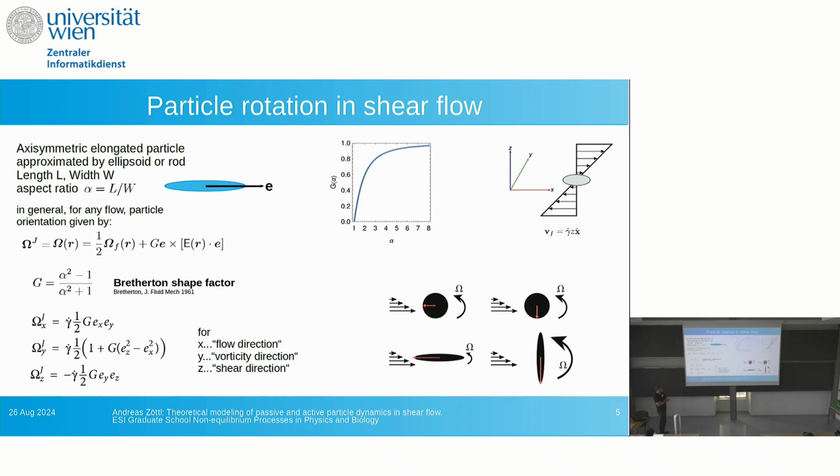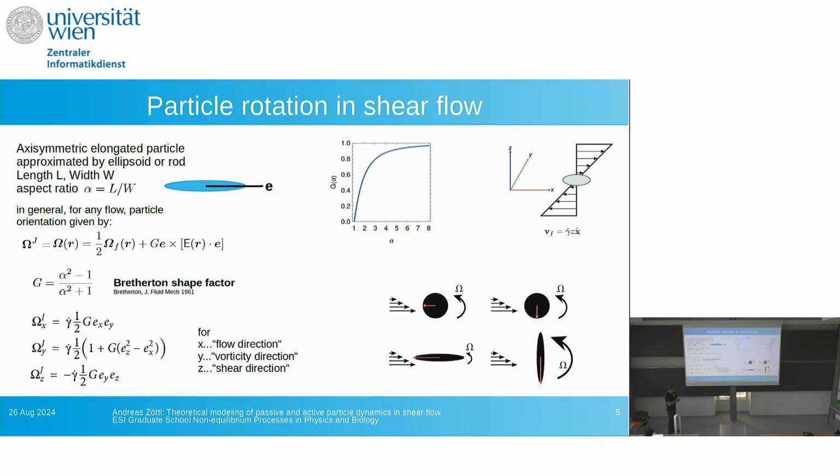But that's different for elongated particles. And this is essentially the visualization of this formula for elongated particles. It means that when you look against the flow or with the flow, the rotation rate is relatively small for this elongated particle. You can also see that when the width is relatively small, you see a very similar flow component at the top and at the bottom.